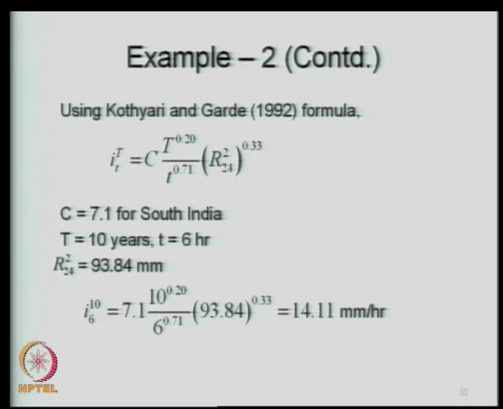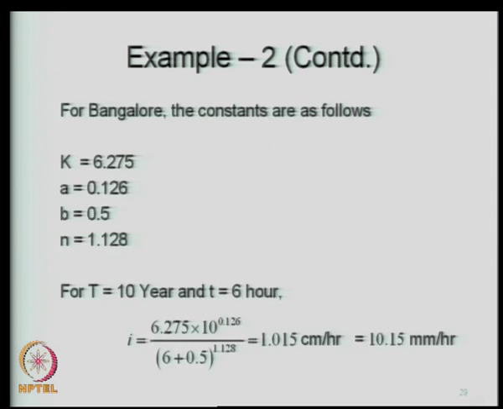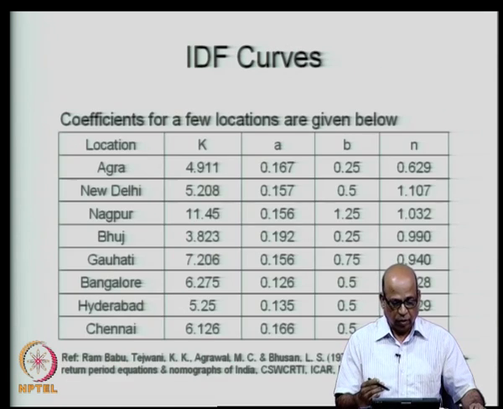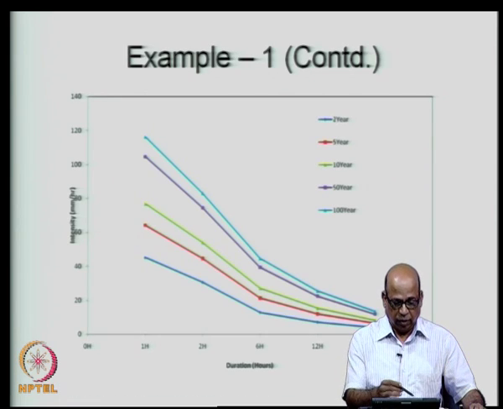From our IDF relationship, as we derived earlier from the data that we had, we can pick up the 10 year, 6 hour rainfall, and we may get a certain intensity.